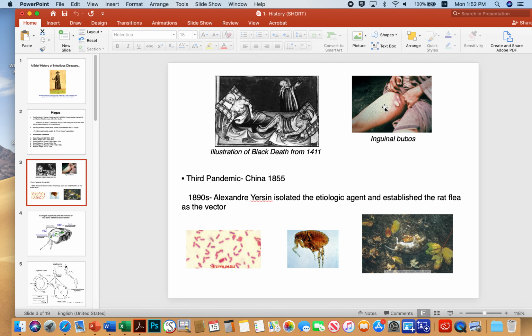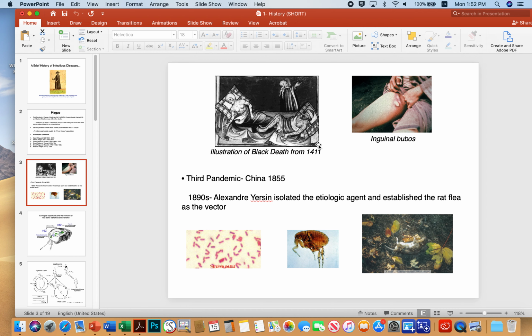So wherever the closest lymph nodes are to where you were bitten is typically where you're inflamed. So if you're bitten in the neck, your neck might swell. If you're bitten in the torso, then the axillary area might swell. So axillary being here in your armpits, for example.